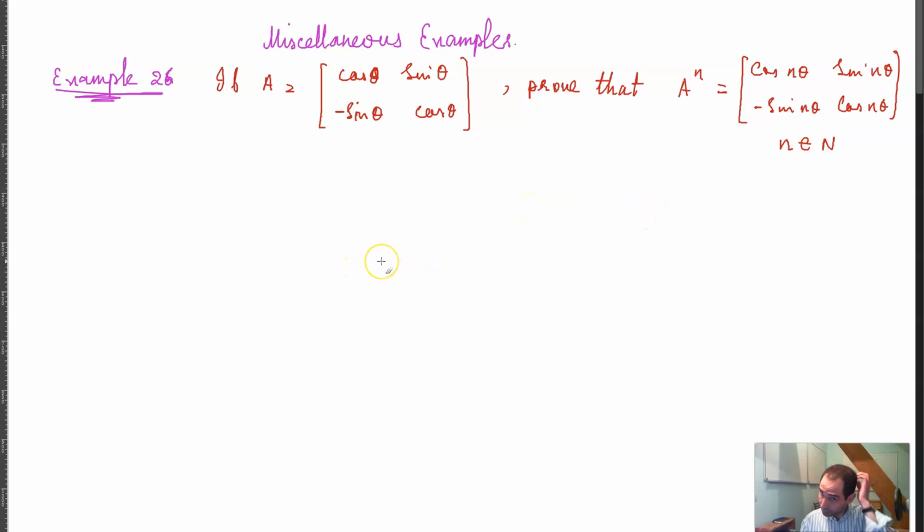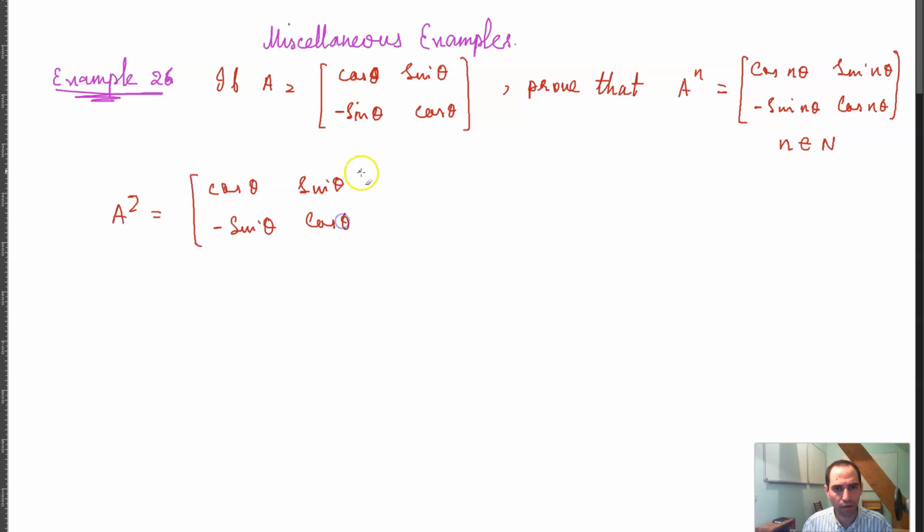So the way that we can prove that is, well, of course, if you multiply this matrix by itself, for example, what you will get is A squared is the same thing as cos theta sine theta, negative sine theta and cos theta, multiplied by itself again.